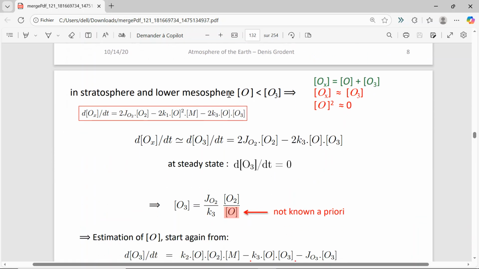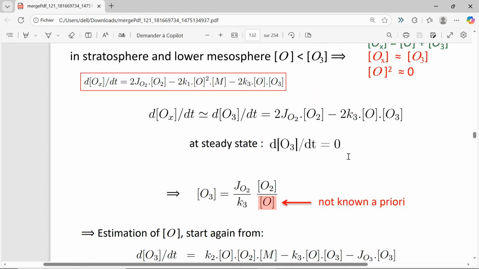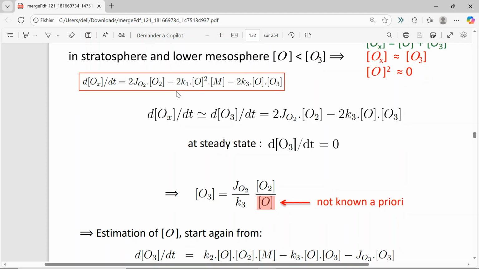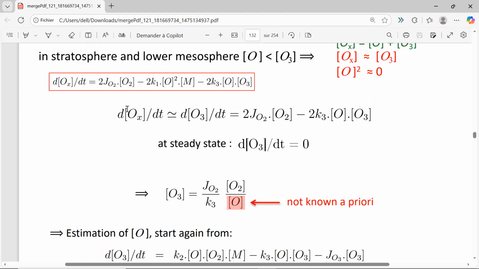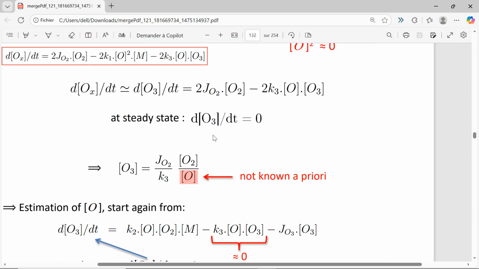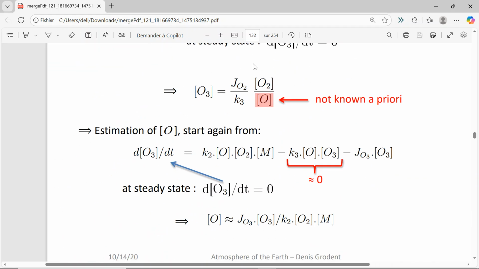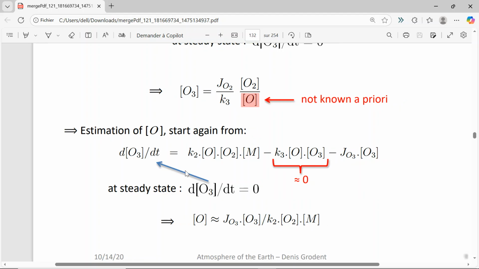So we can make two approximations that will be useful for us. In the stratosphere and the lower mesosphere, where the atomic oxygen concentration is lower than the ozone one, we can approximate the OX family concentration as the one of the ozone, which simplifies the expression of the variation of the ozone quantity. If we assume steady state, the variation of ozone is simply given by this formula.